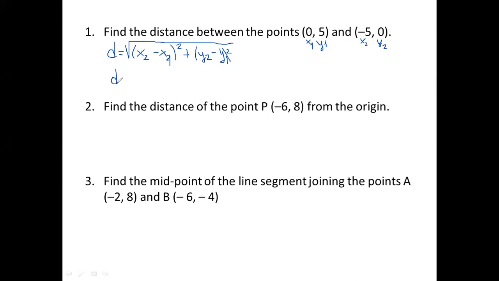So d will equal the square root of, instead of x2, I put -5, minus, instead of x1, I put 0, squared, plus, for the second one, y2 is 0 minus y1 is 5, and that will also be squared.